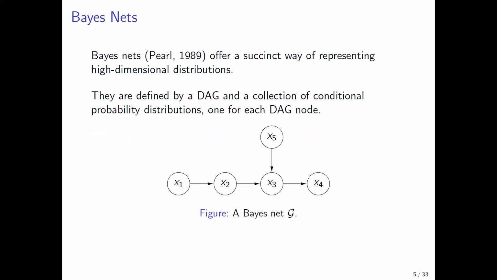It is a DAG and a collection of conditional probability distributions that offer a succinct way of representing some high-dimensional joint distribution. For example, in this graph, there is a Bayesnet over the variables x1 through x5.